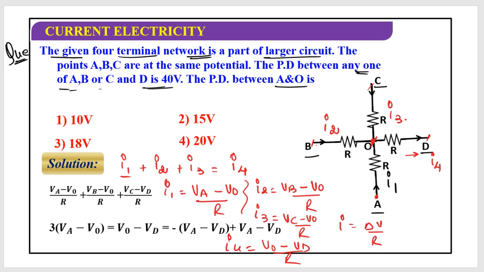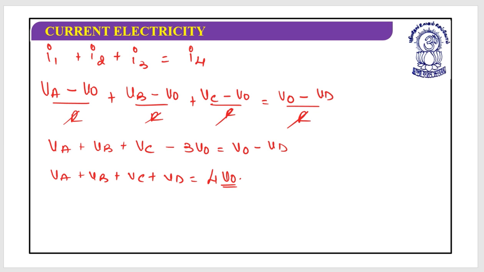What do I require? I require the potential difference between A and O. So VO equals VA plus VB plus VC plus VD divided by 4.